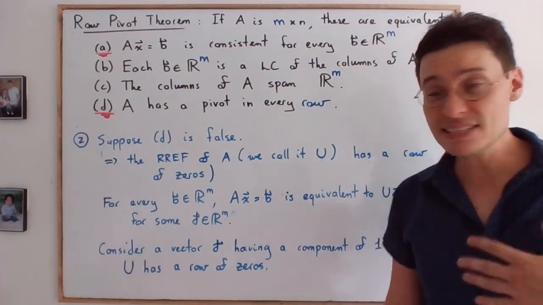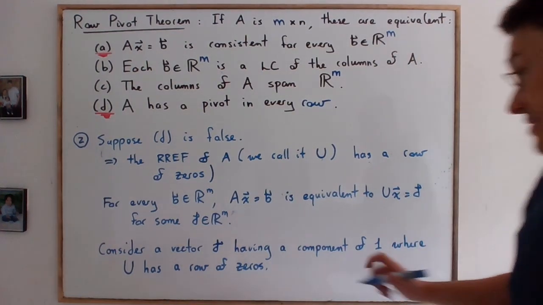Then in this case, it means that the system Ux equals D is inconsistent.